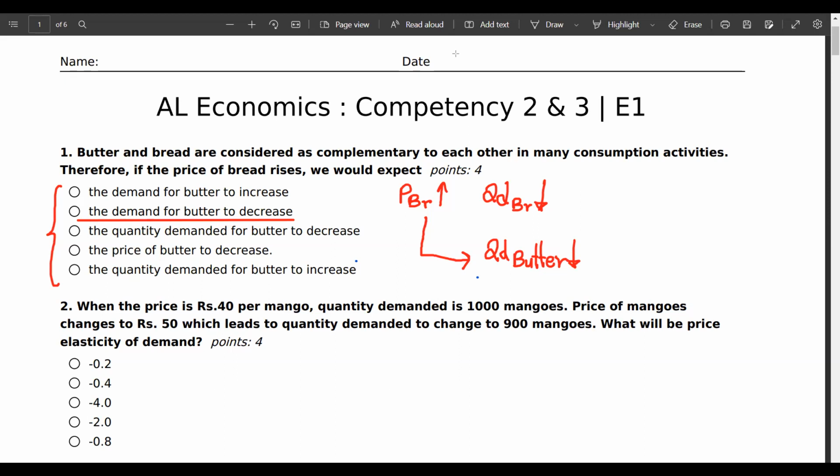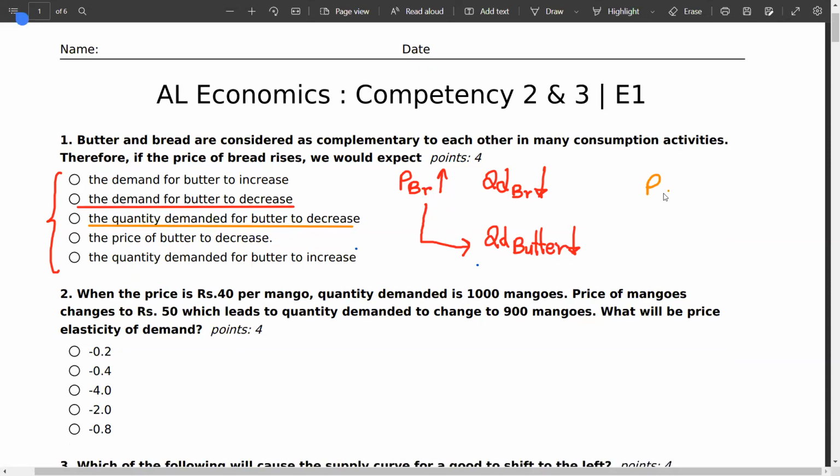Some of you might have thought that the answer is the third one, which talks about quantity demand of butter dropping. Now, this difference is what you need to know to get the answer right for this particular question, right? Remember this one thing. For a product to see a change in quantity demanded, that particular product's price should change. That means for the quantity demanded of butter to decrease, the price of butter itself should have gone up.